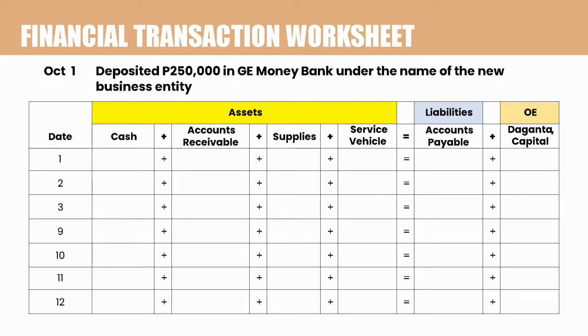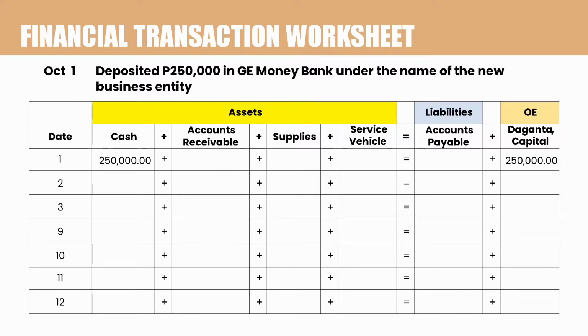So sabi dito kanina, 'di ba? Deposited 250,000 in GE Money Bank under the name of the new business entity. So ano ba yung mga maaapektuhang accounts dito? So dahil nag-deposit para sa bagong business entity, yung 250,000 na nabanggit dito ay i-record natin under cash. Okay?